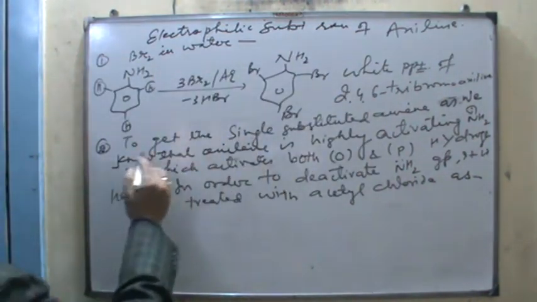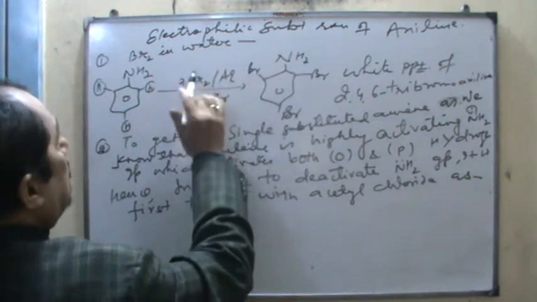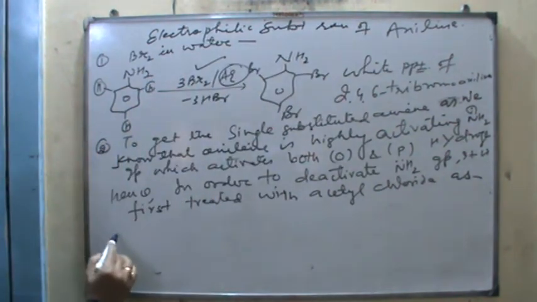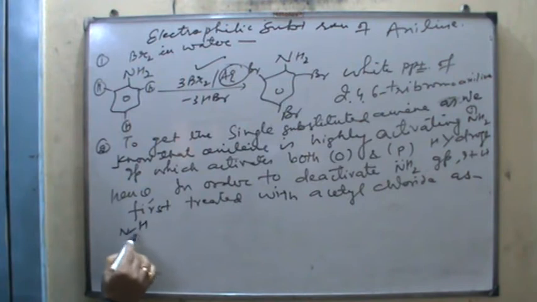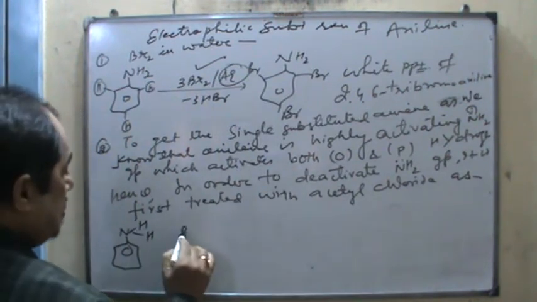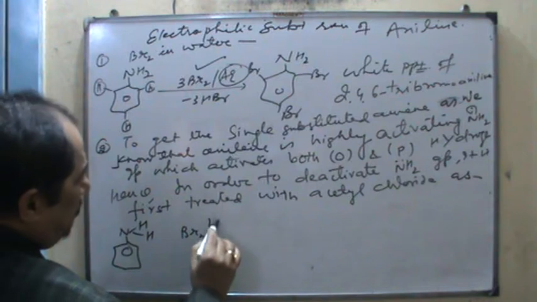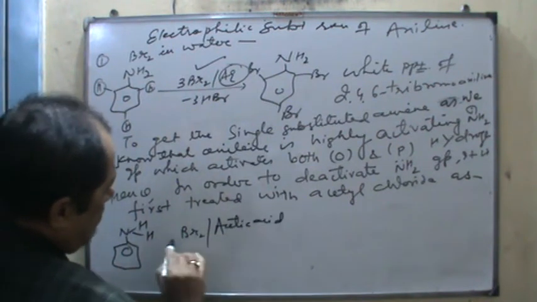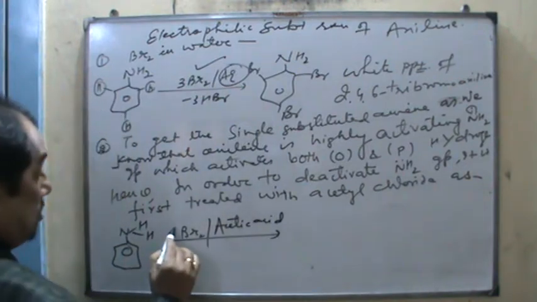So I am taking bromination here, but not in aqueous medium. See, it is the aniline, and now I am going to procure only the single product. Now this is the Br2 in case of acetic acid.